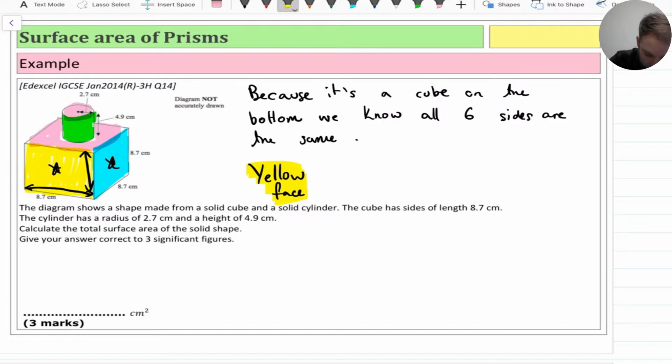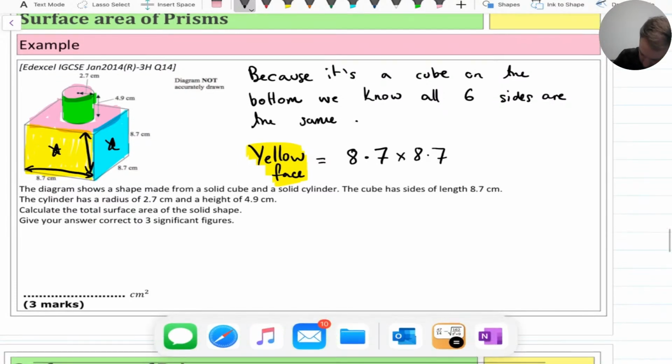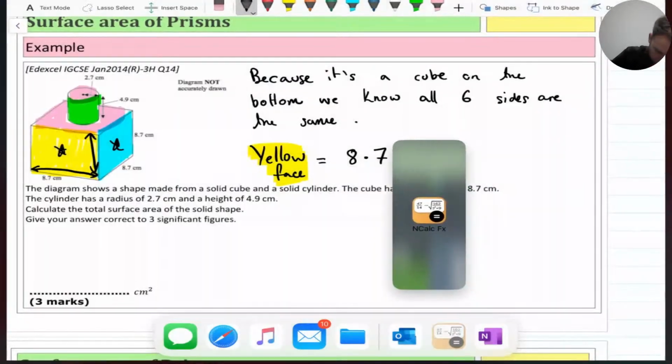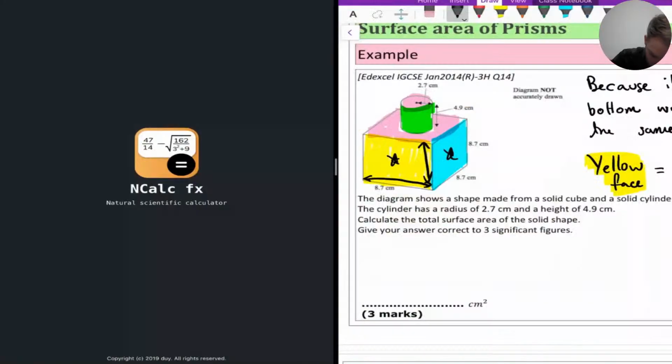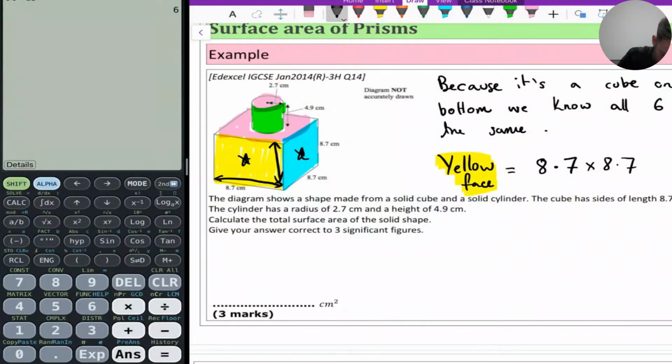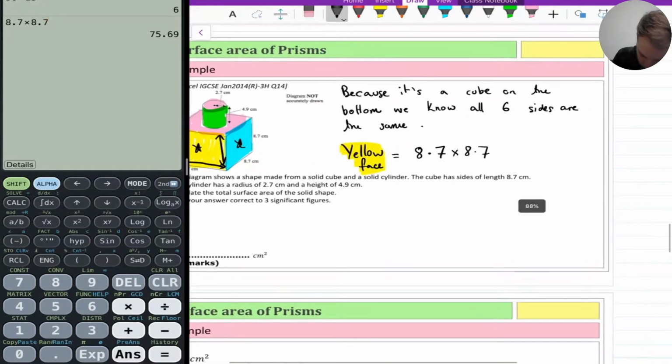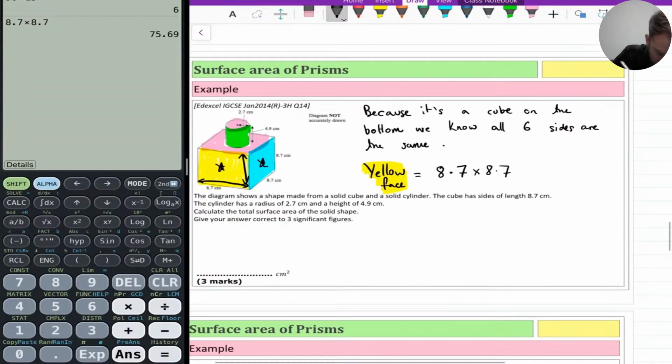So this is going to be equal to 8.7 times by 8.7. So let's just do that. It's 8.7 times by 8.7, which is equal to 75.69.